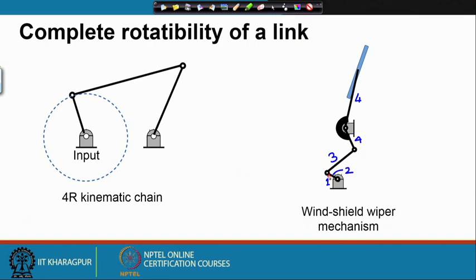This link 2 is connected to a motor and it drives it continuously, so that this wiper can wipe a given area. So, the wiper oscillates while link 2 rotates continuously.